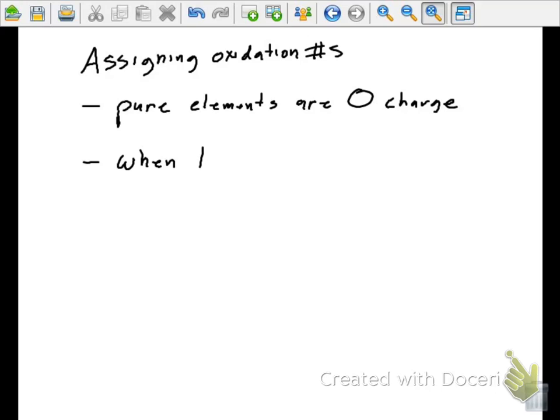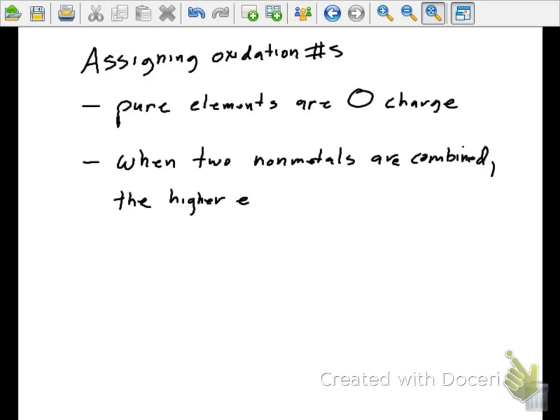When 2 nonmetals are combined, the higher electronegative element takes on the negative charge, the negative oxidation state.